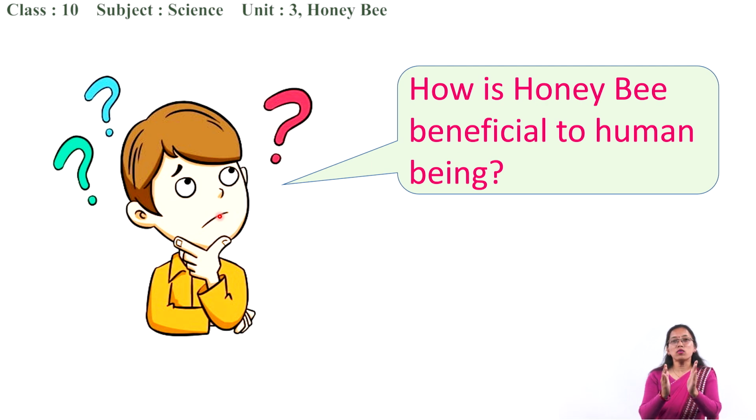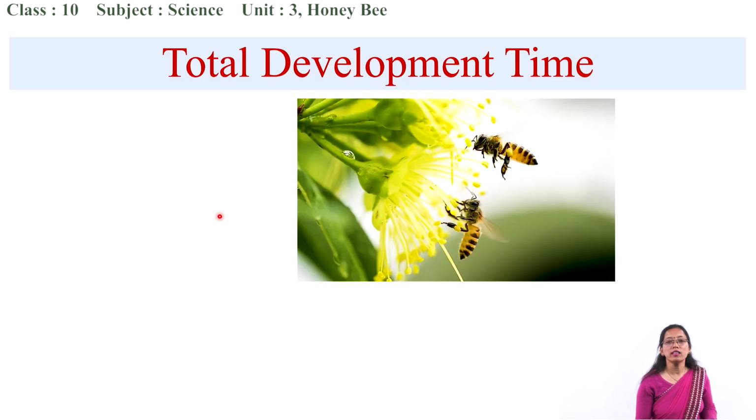That means they prepare honey, they prepare wax, they help in the pollination. Those are the benefits of the honey bee. That means the different stages of the worker bee perform different work. Based on that, we discuss how they are beneficial to human beings. Just let's have a look at this.